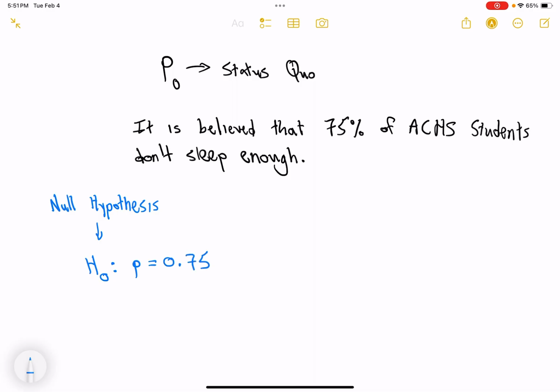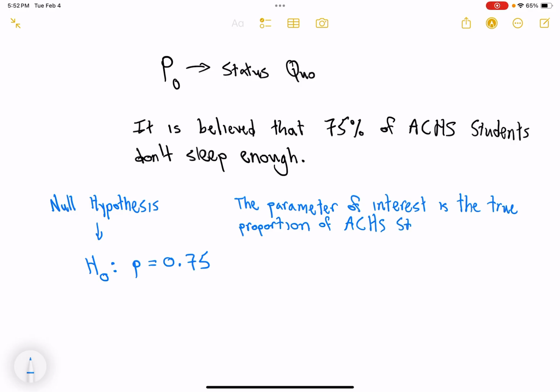And as we'll learn later on, we'll also have to define that parameter. The parameter of interest is the true proportion of ACHS students who don't sleep enough.